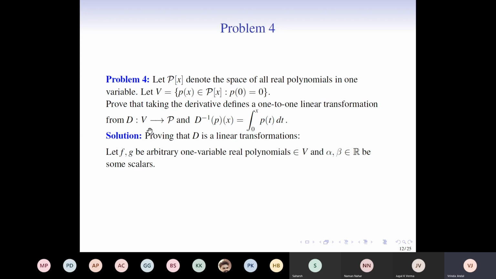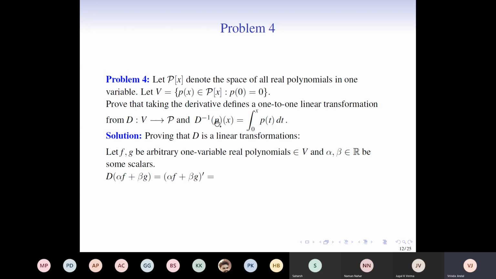So how do we do this in this case? We'll take f and g to be arbitrary one variable real polynomials in V, and say that alpha and beta are some scalars. So we just take D of alpha f plus beta g.